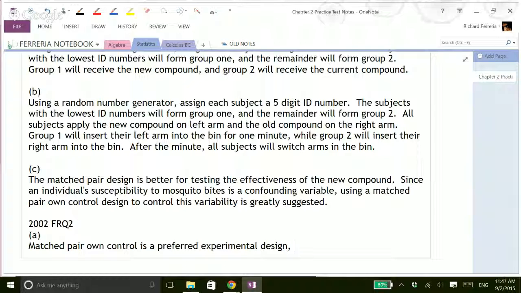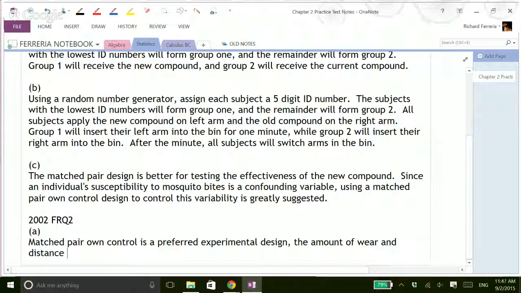Okay, so let's talk about this in terms of variability, because that's really what we're looking for here. We use a matched pair because there's some source of variability, an extraneous variable. What is our variable that we're trying to minimize? Distance walked. Distance walked, okay. The amount of wear and distance walked varies between individuals.